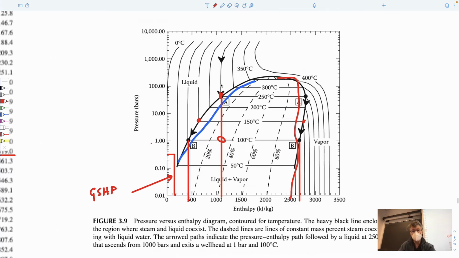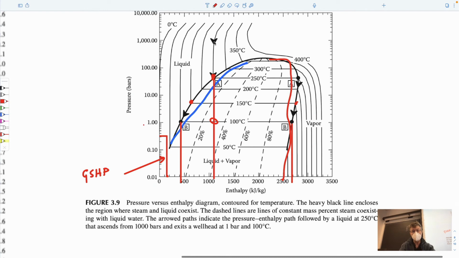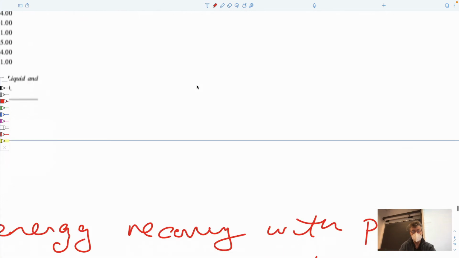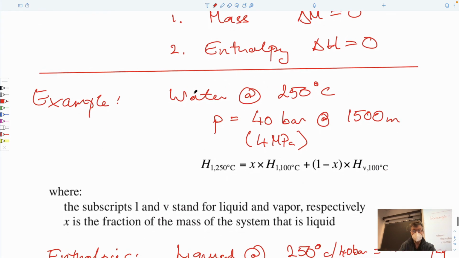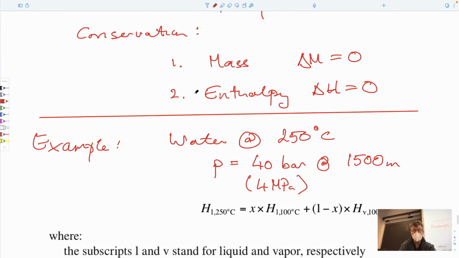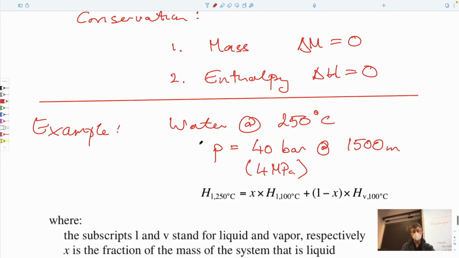So all this allows you to do is to be able to do exactly what we did last time. We'll do a little example that imagines that you're coming into a system at 40 bars. So if we go down here, so how much, I guess you could ask yourself, if you're recovering water from a system and you start with your system at 250 centigrade and 40 bars, we said that 40 bars is 4 MPa. 4 MPa would be 4 kilometers of water, or a third of that of rock.